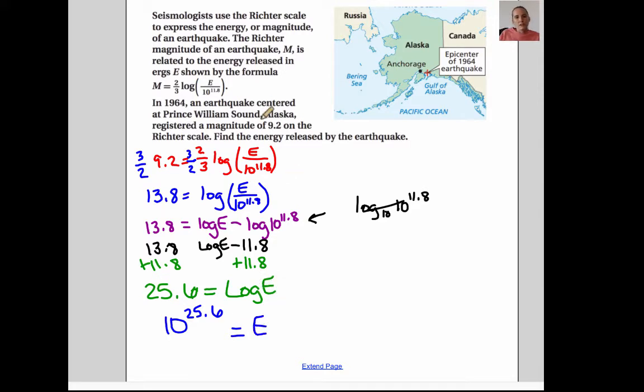So the energy that was released by this earthquake is 10 to the 25.6 power. That's all I need for you to do. That's a really large number. It's 10 times 10 times 10, 25.6 times. So all I need you to do is up to that point.